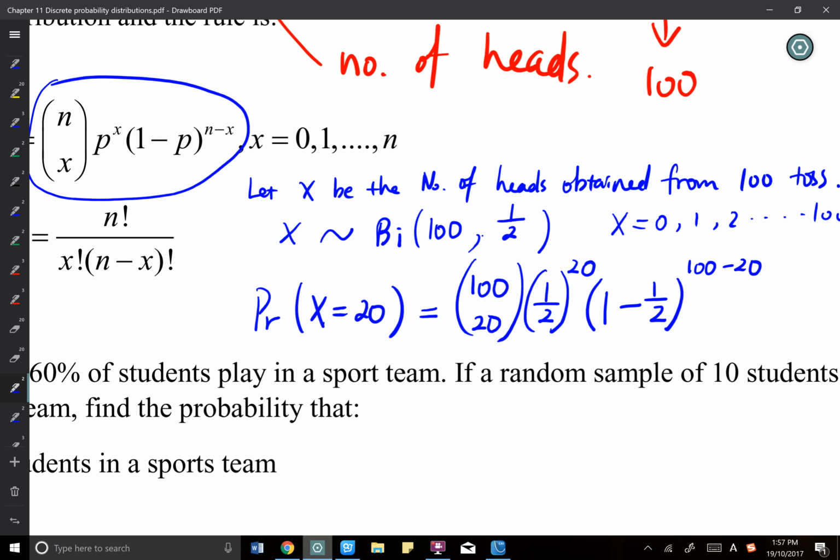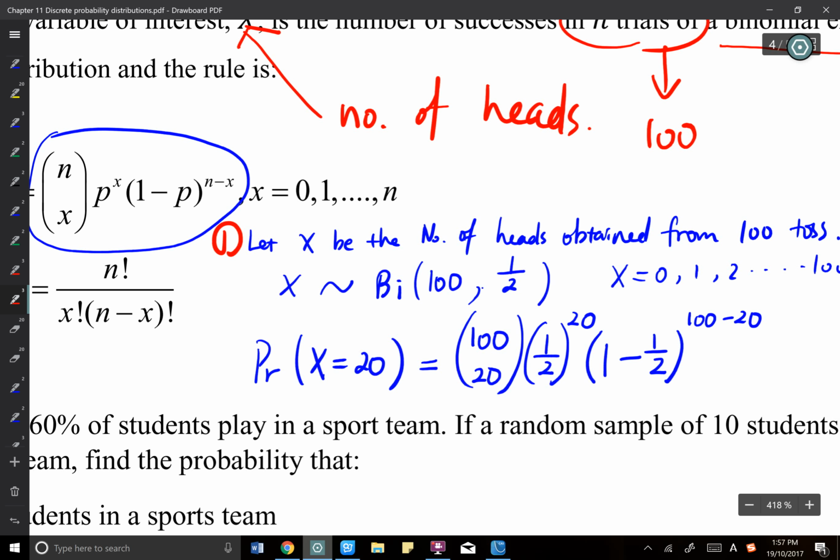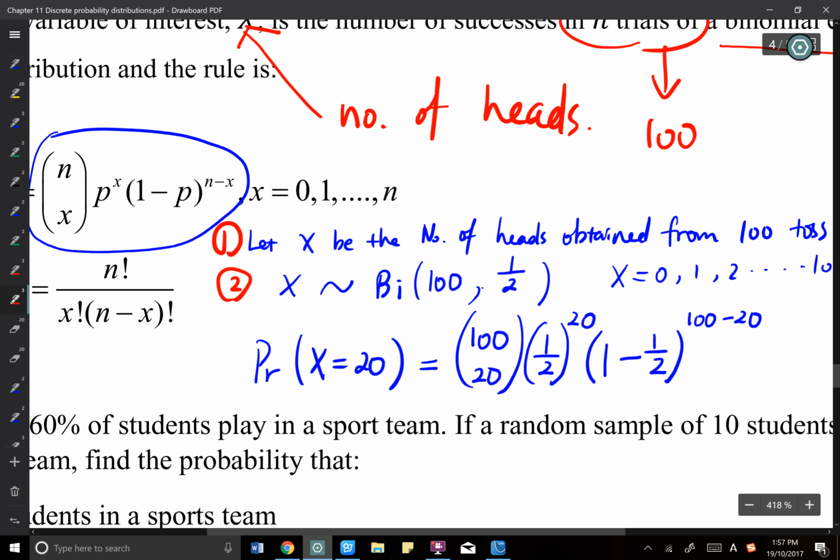First of all, there are things you need to remember. Number 1 is you need to define the random variable by yourself. You can't just start to use x when the question has not given it to you. You can't just say, oh, x is a binomial. What is x? You need to clearly state what x is. Second, you need to clearly state the distribution for x.